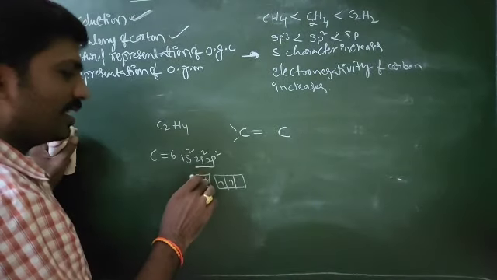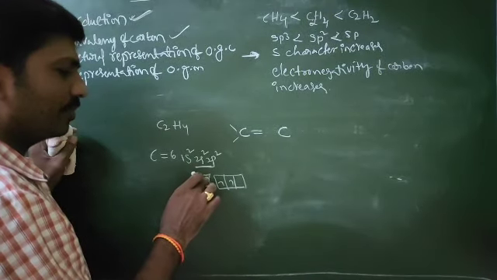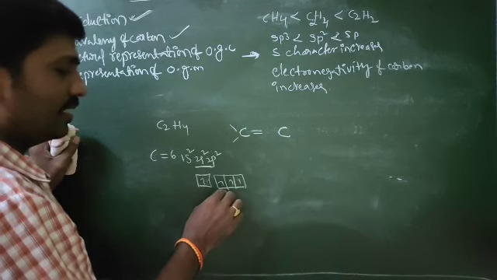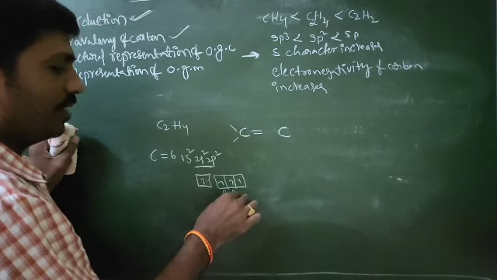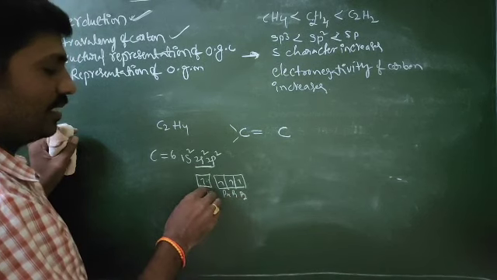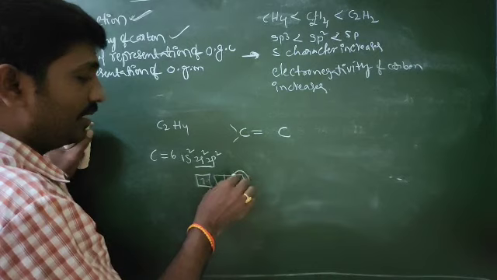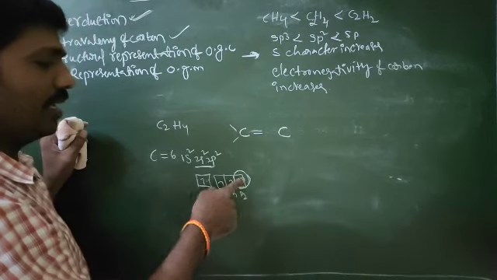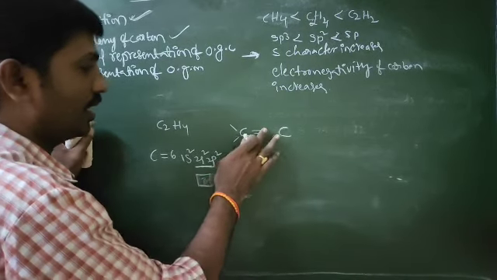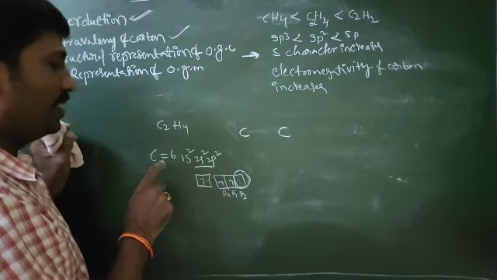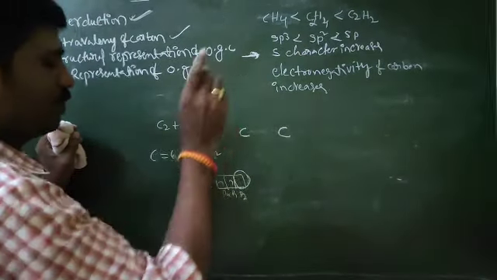That's why this electron will go here. Then this is px, py, pz, and this is the s orbital. Here what happened? This empty orbital will form hybrid orbitals. What is this hybridization? sp2 hybridization.